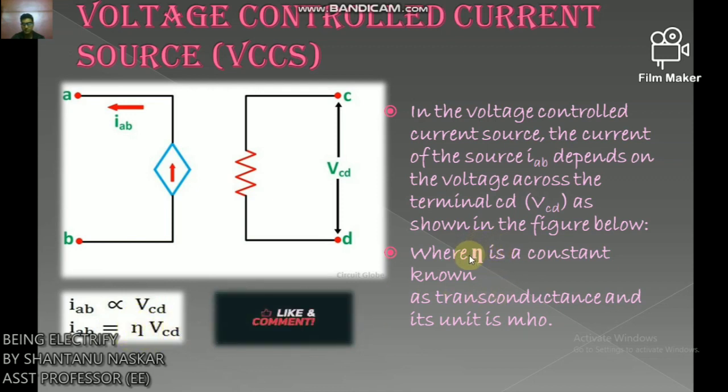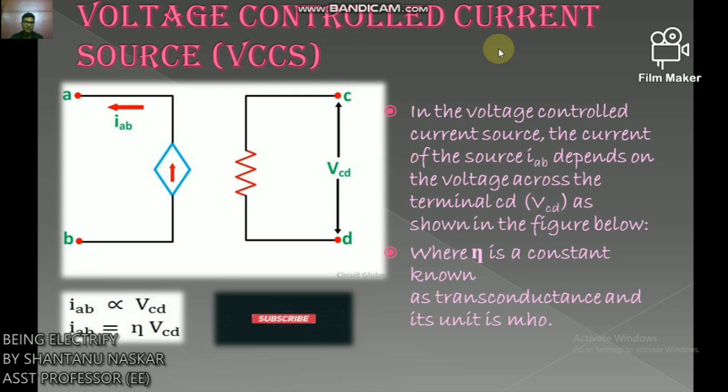This is a constant. This constant is also called transconductance, and its unit is mho. So mho is the unit of transconductance.